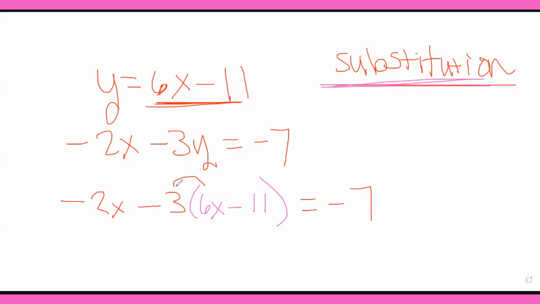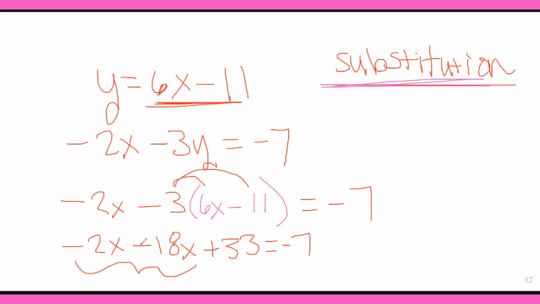So I'm going to go ahead and distribute. So I have negative 2x, this would be minus 18x and a positive 33, and that equals negative 7. Now I combine like terms. Negative 2 minus 18 would still be negative 20x plus 33 equals negative 7.